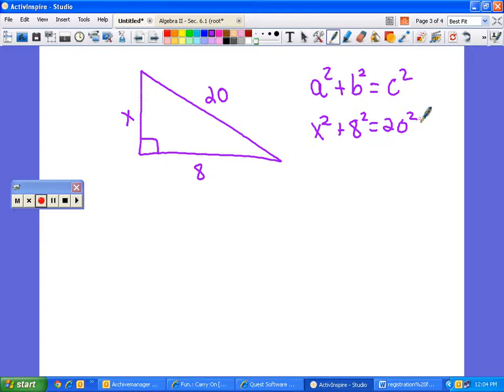What property of math allows you to do that? Raise your hand if you know. Justin, what property of math tells me that when I'm adding, the order of my values doesn't matter?